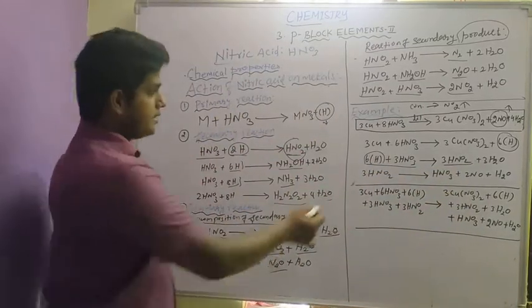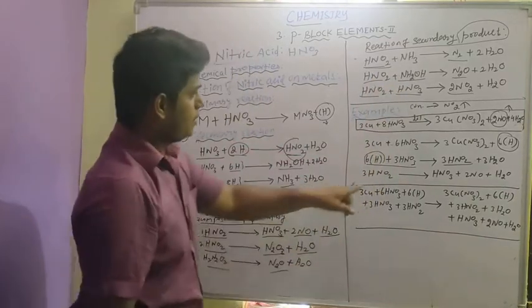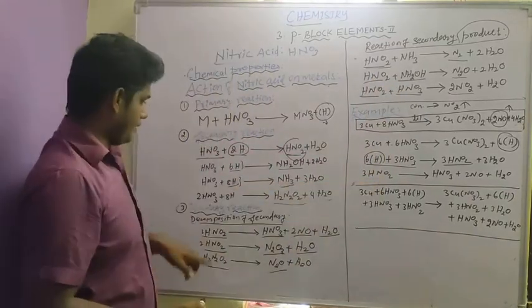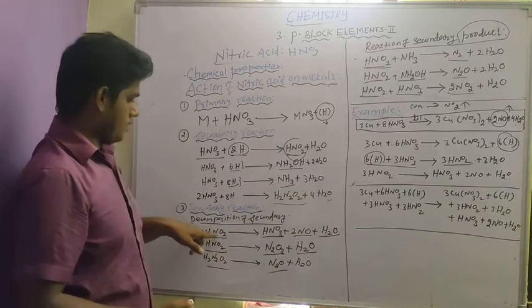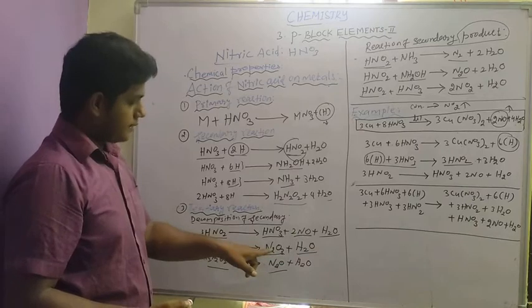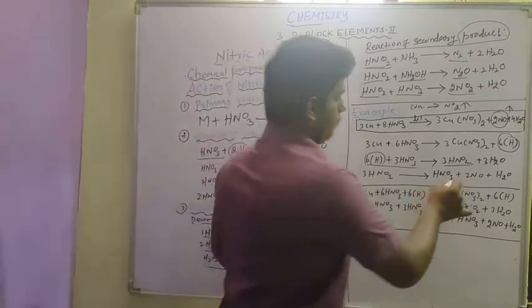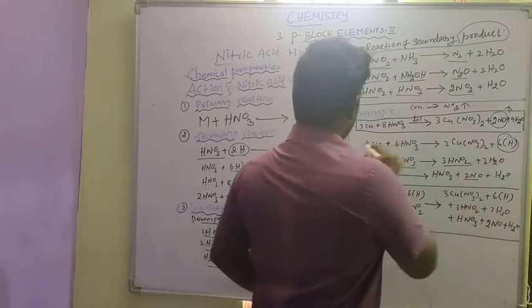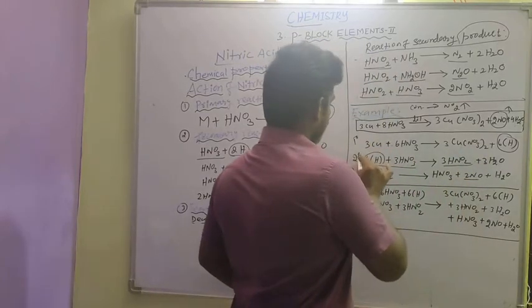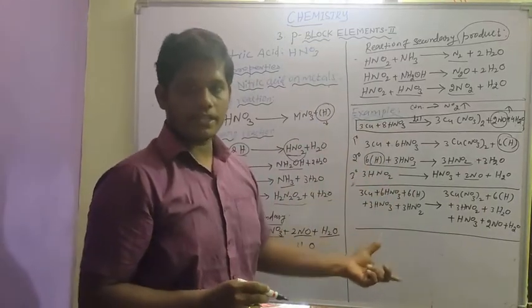This nitrous acid decomposes by any one of the following reactions. HNO2 decomposes to form NO. Sometimes N2O3 is obtained, but I take HNO2 forming NO. These are the primary, secondary and tertiary reactions, so these are three steps.